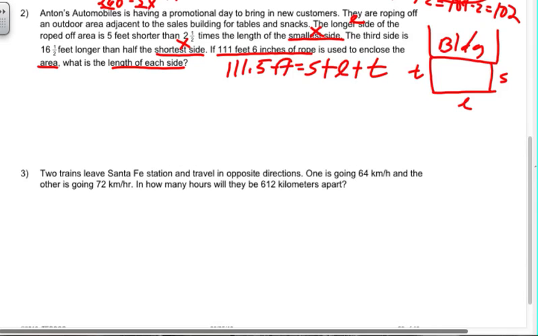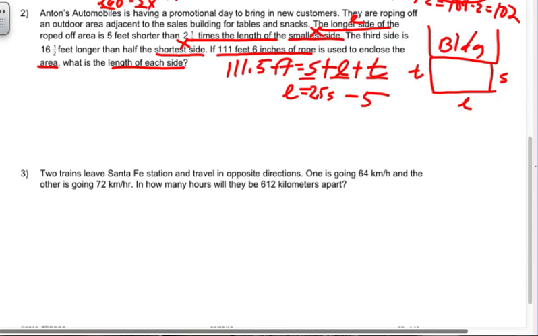All right, now, what we know then is we need to solve these things, and they give us these equations here. So long is 5 feet shorter than, so it'll be minus 5, 2.5 times the length of the small side, so 2.5 S. Okay, well that's good.